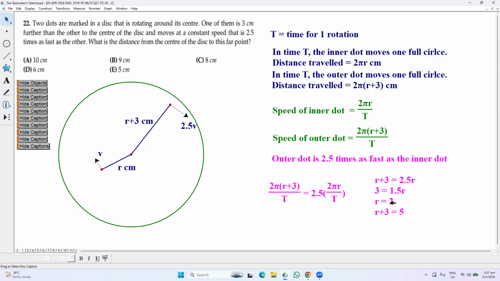Then R is 3 divided by 1.5, equal to 2. We want the outer point, so R plus 3 is 5. Answer is E.